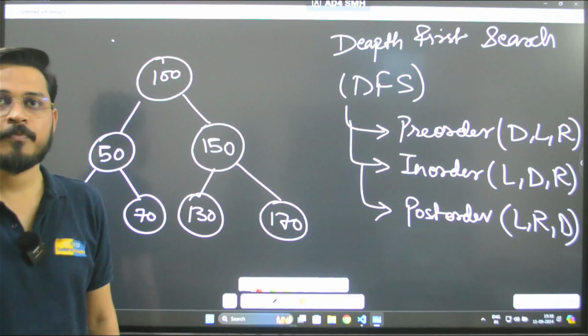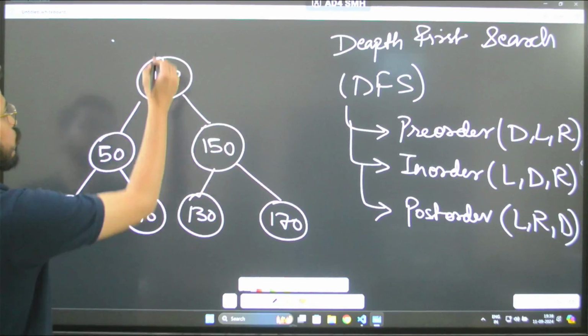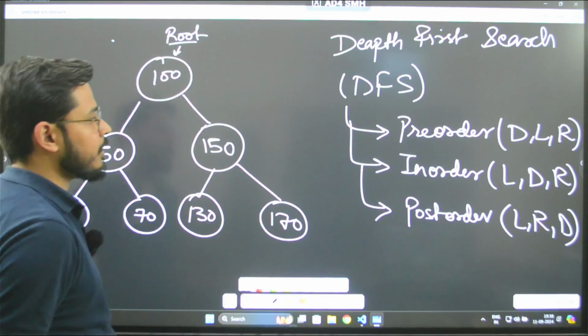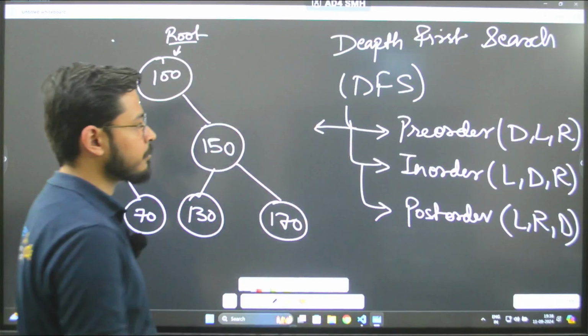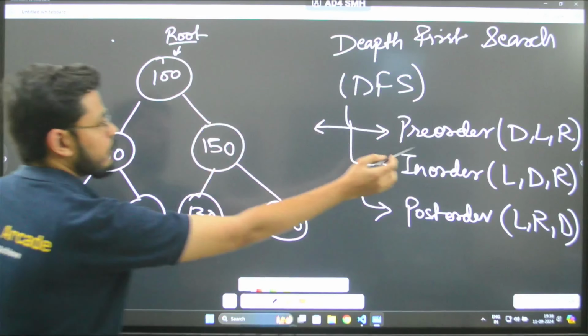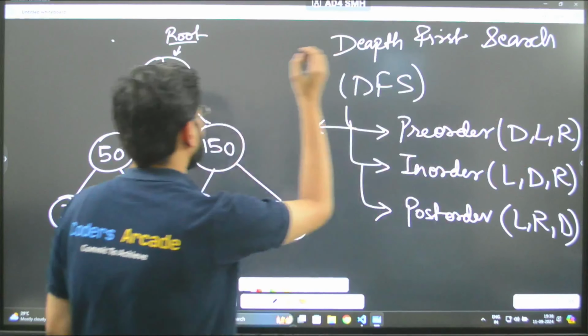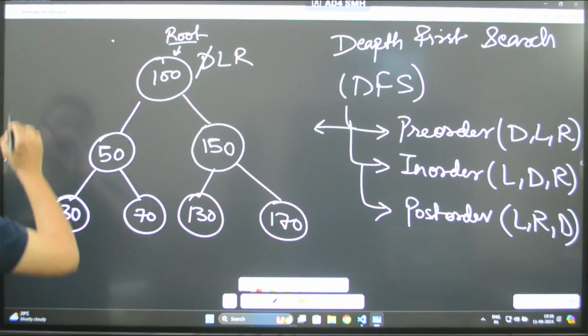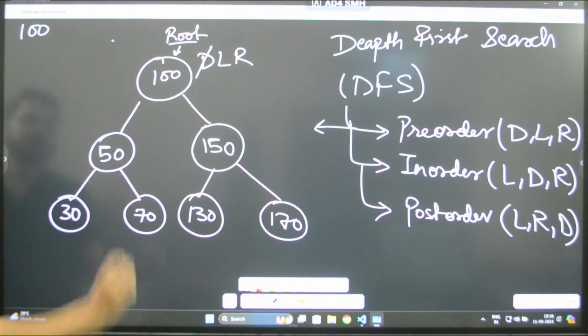Okay. You start from the root node. Let us say we are doing pre-order. Then you will write, what is pre-order? Data, left, right. You start from the root node, data, left and right. Access the data, print that data.